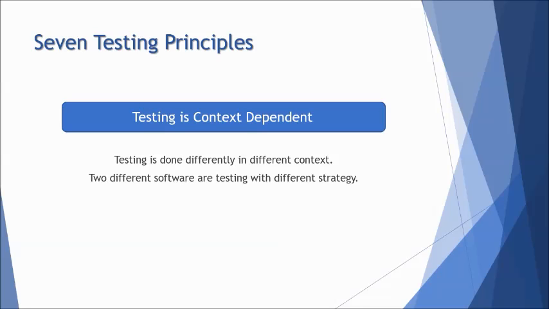Testing is context dependent. It is another principle in testing where we say that 2 different applications or 2 different projects are not tested with the same approach. Just for an example, you do not test an online shopping cart the way you test a safety critical system.